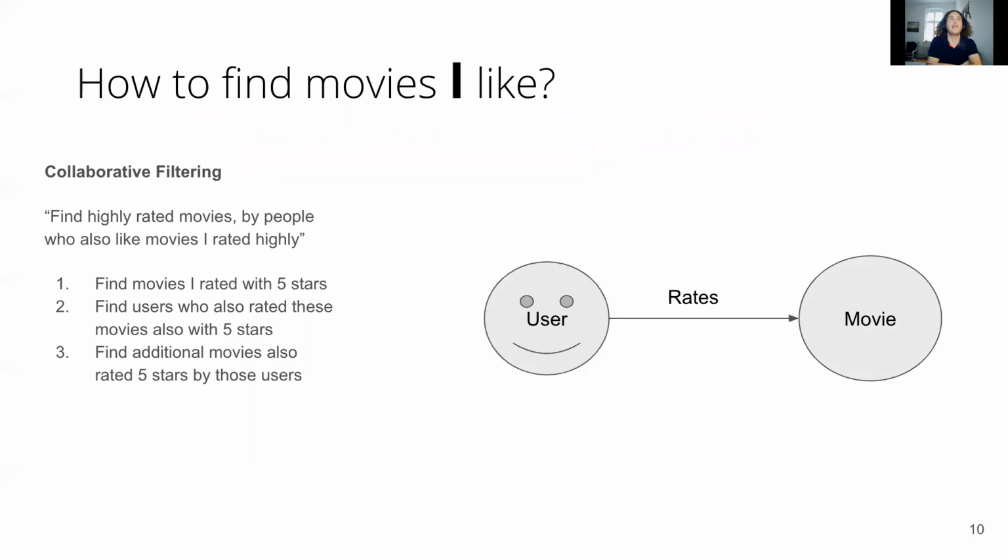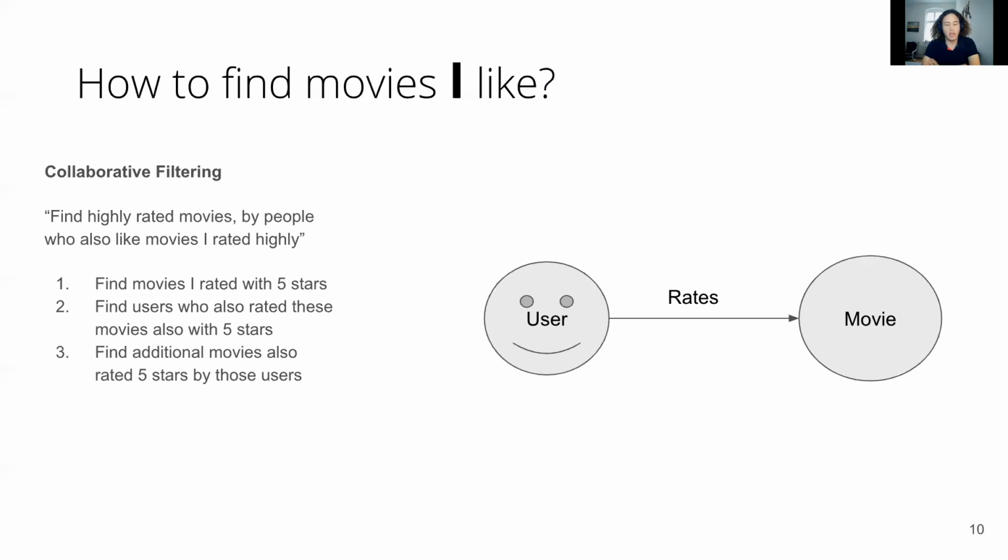And so to get started with that, let's take a look what it would take to find movies I personally like. So the first step would be we identify us as a user in that graph, that node. And from there, we want to find all the movies we really enjoyed ourselves, so the ones we rated with 5 stars, giving us a set of movies.